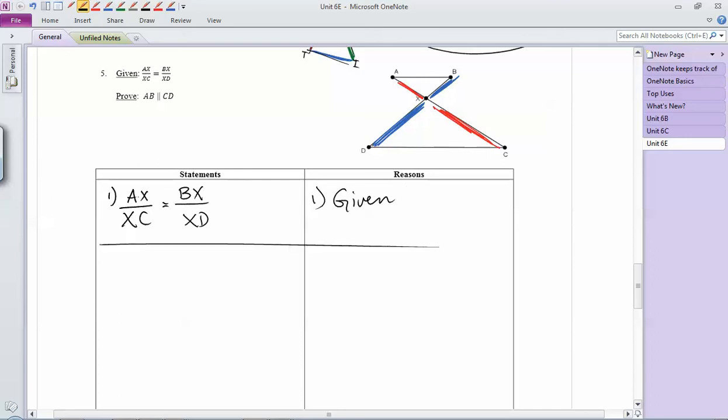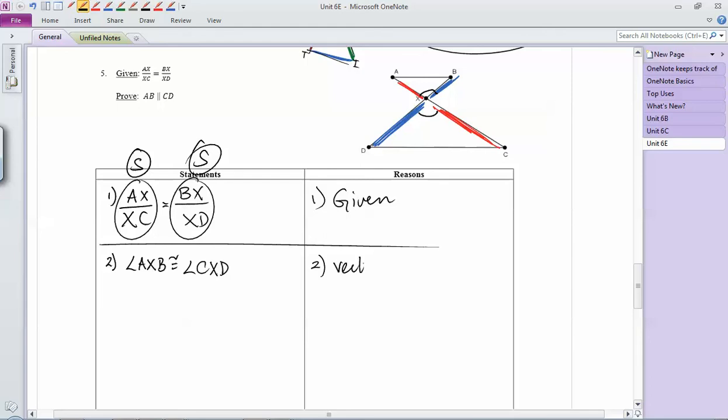Okay, well, the nice thing about this is that's already one pair of sides and a second pair of sides matched up. And if you look at the picture, you can also pair up these vertical angles in the middle. So if I say angle AXB is congruent to angle CXD because vertical angles are congruent, well, now I've got the angle in between them matched up too.